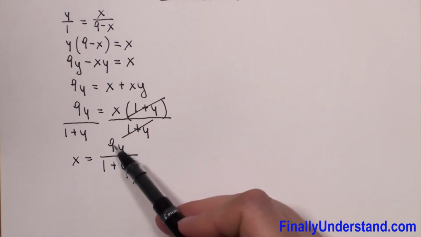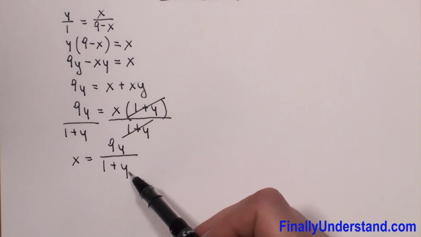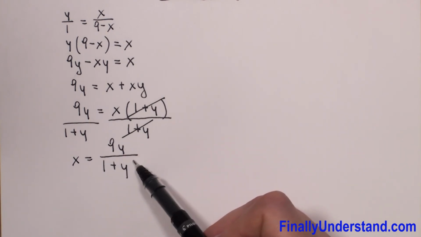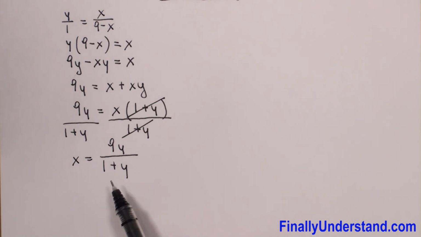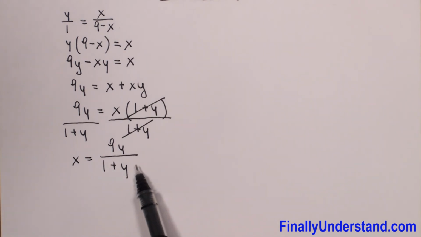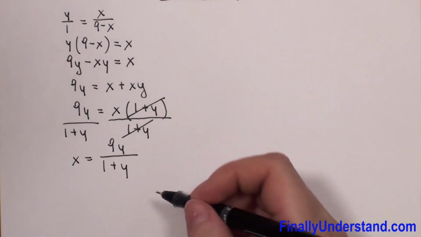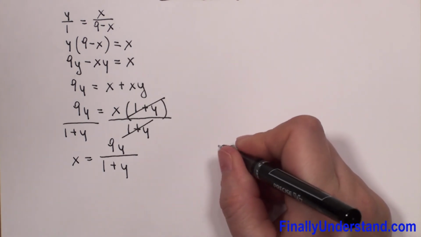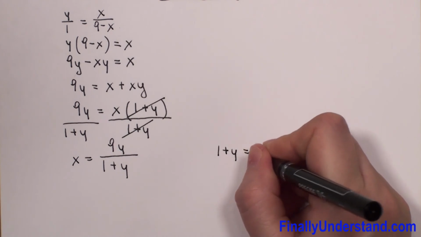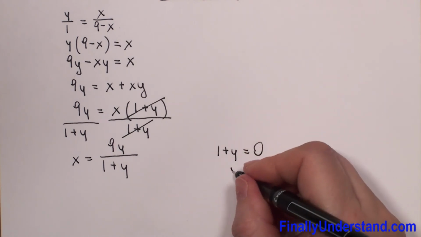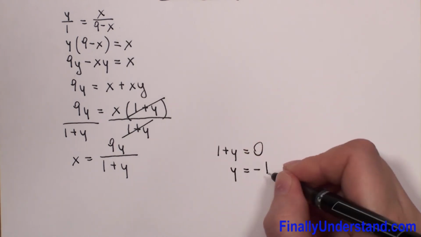So let's see what we have here on the right side. We have a fraction bar, and again we know that we cannot divide by 0. So let's see when this denominator will be 0. We have 1 plus y equals 0 when y equals negative 1.